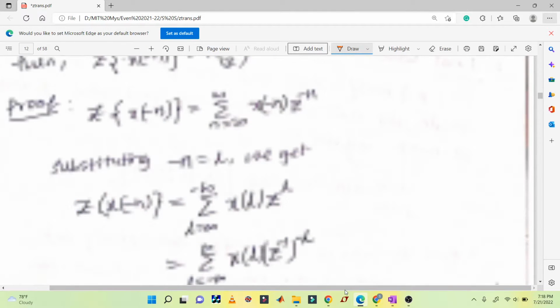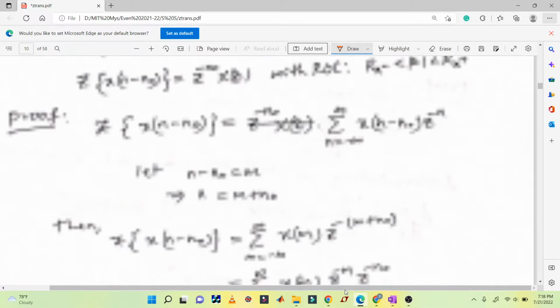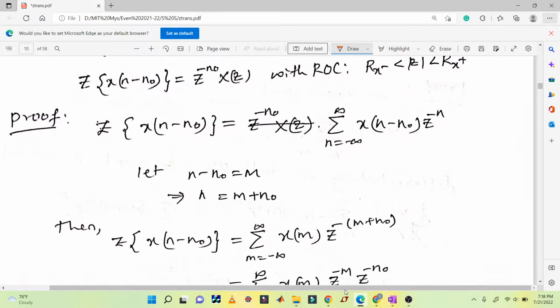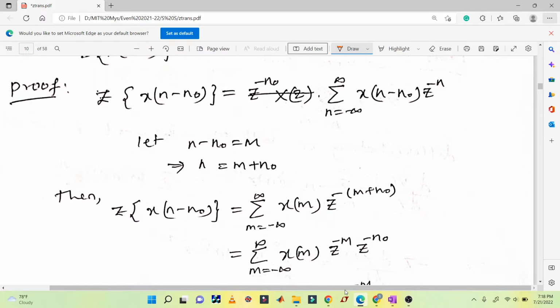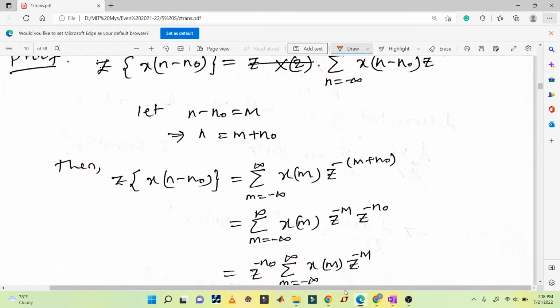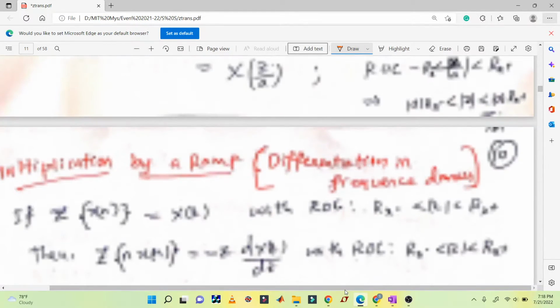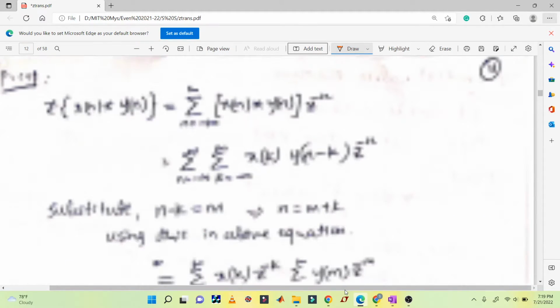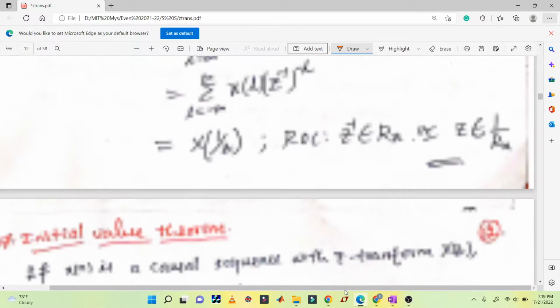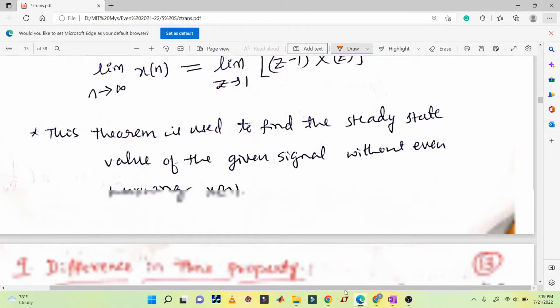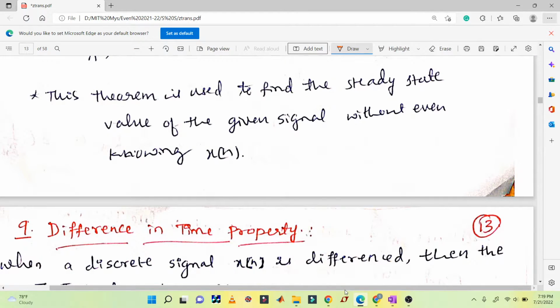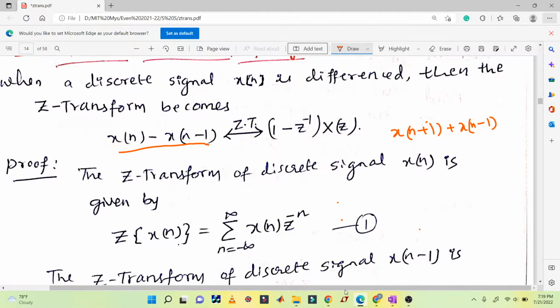If you look at it, you will get to know that. See here, same thing: n minus n naught is replaced by n is equal to m plus n naught. Similarly, n minus 1 is replaced by n is equal to m plus 1. And finally, we get the desired result, that is z power minus 1 into x of z.